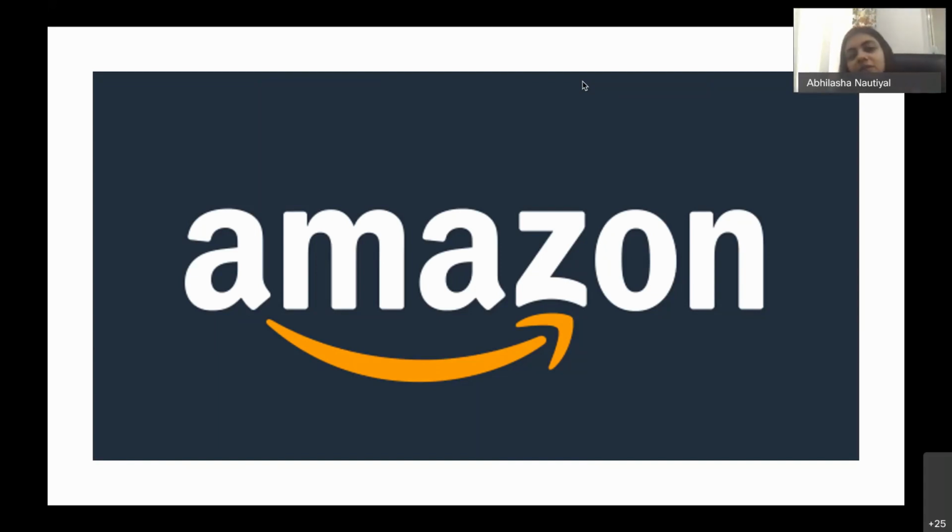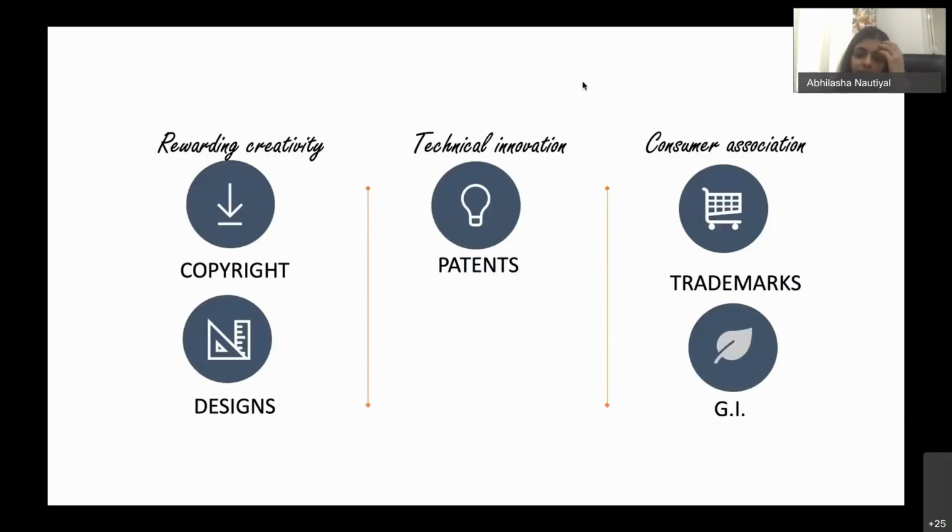Is there a third way in which this logo can be protected? Any thoughts? So let's go back. We are now concentrating on trademarks. This logo can of course be protected as a trademark by a registration or by use. Any other way that this logo can be protected? You can see the different kinds of IP protection. Thoughts?